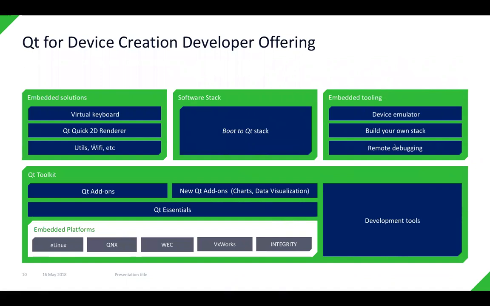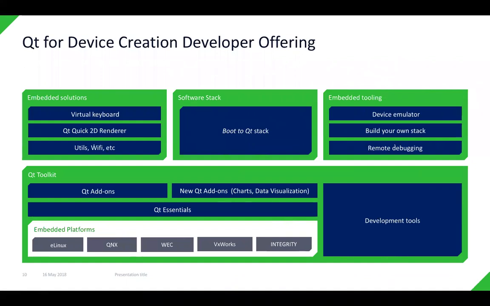On the right side, we have what we call the embedded tooling. The embedded tooling comes with lots of tools to optimize, debug, and troubleshoot your software stack. We also give you means to actually create your own stack, and I will talk about that later. But last but not least is the device emulator.